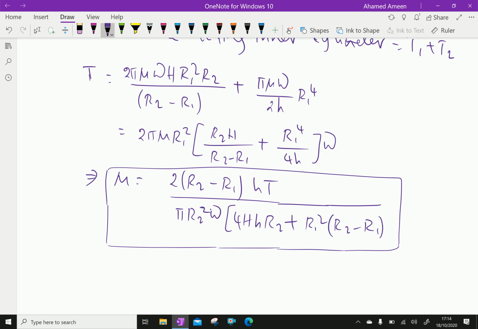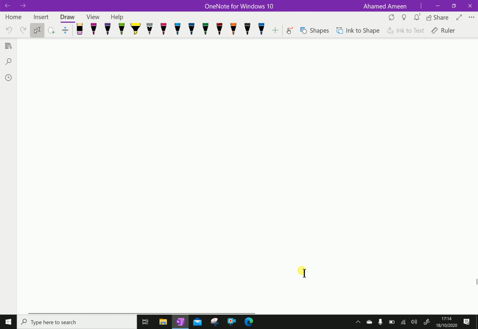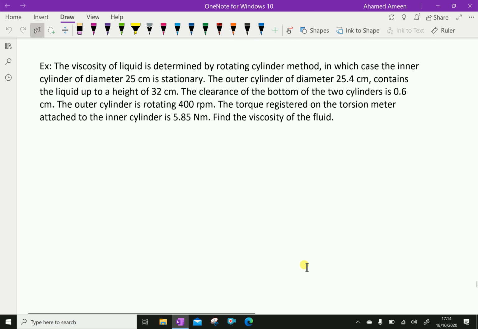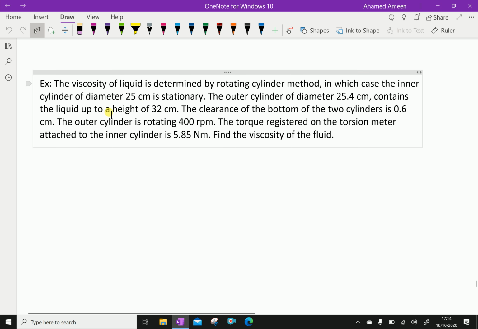Then we'll do an example problem regarding this concept. The viscosity of a liquid is determined by the rotating cylinder method, in which the inner cylinder of diameter 25 centimeter is stationary.